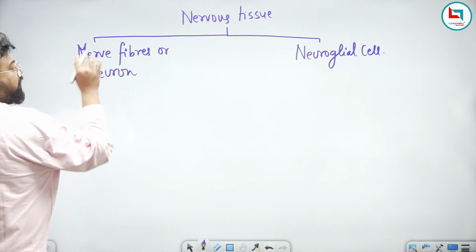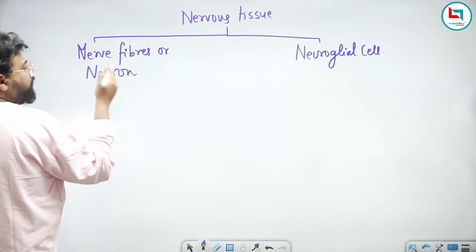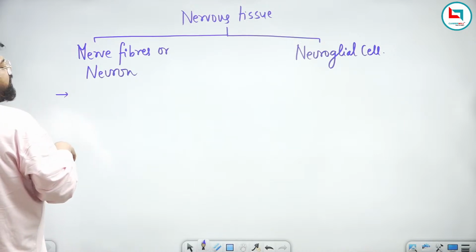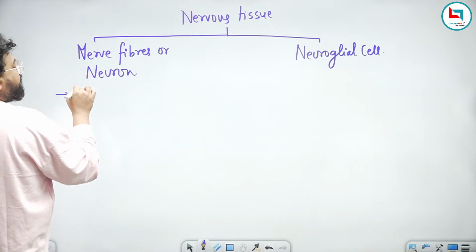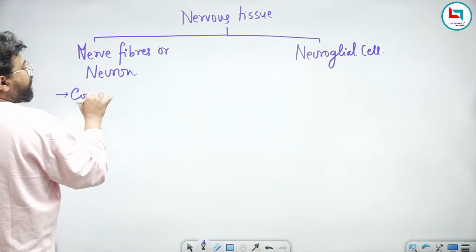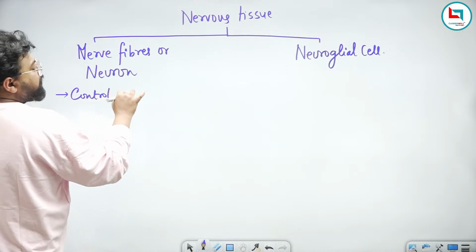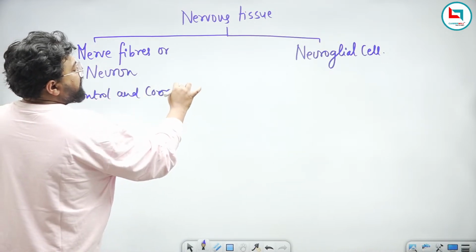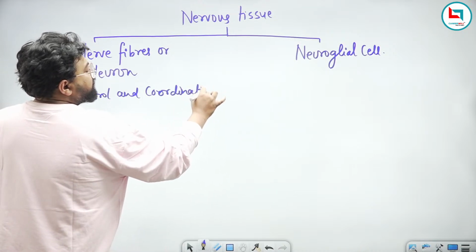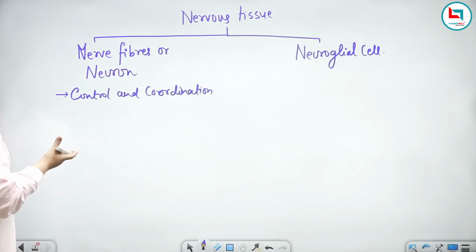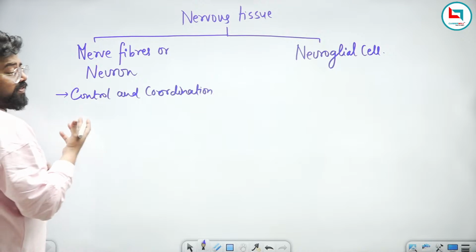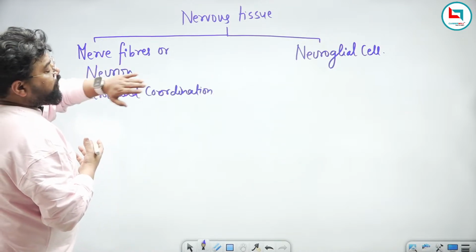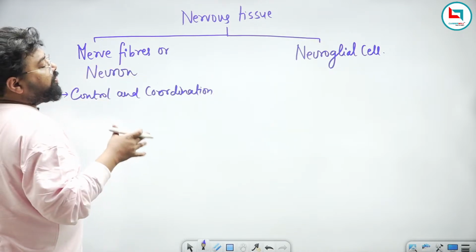Nervous cells, nerve fiber or nerve cell or neurons are the cells which are performing the function of control and coordination in our body. Means these are the cells which are controlling the whole body, which is present in our brain and spinal cord, as well as these are the cells which are making coordination with the different organs of our body.